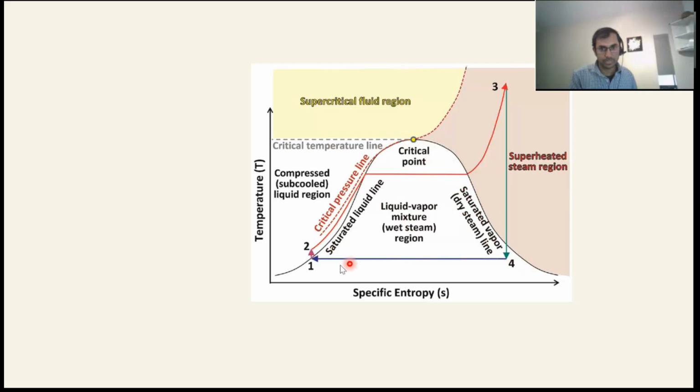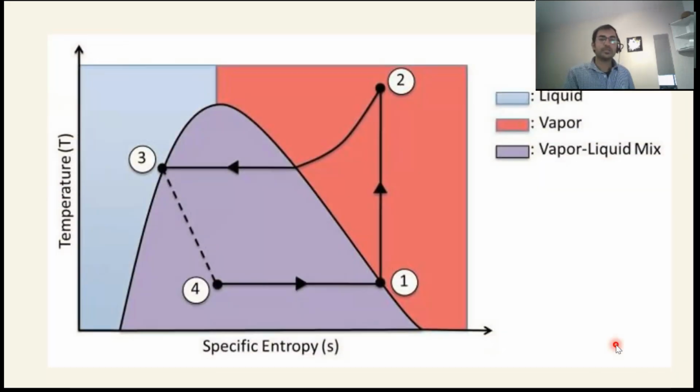This is the liquid plus vapor mixture, this is the saturated liquid line, and outside this saturated liquid line it will be subcooled. In a simple way, this portion is liquid, this is vapor, and this is the vapor plus liquid mixture in our TS diagram.